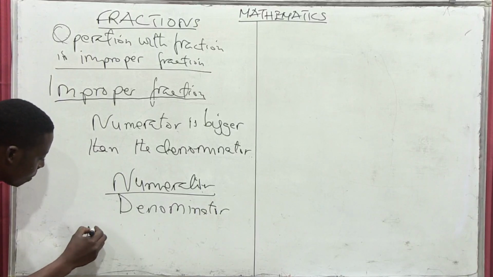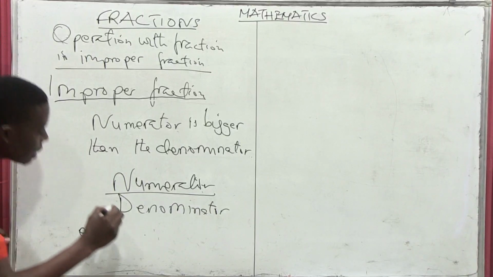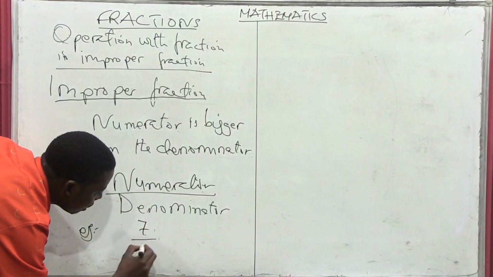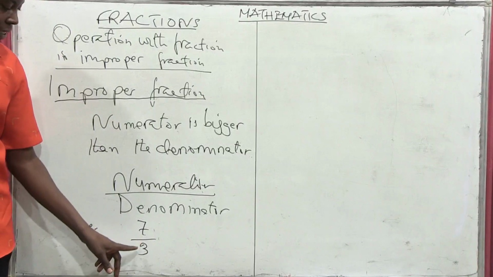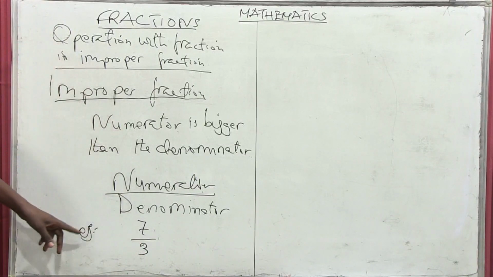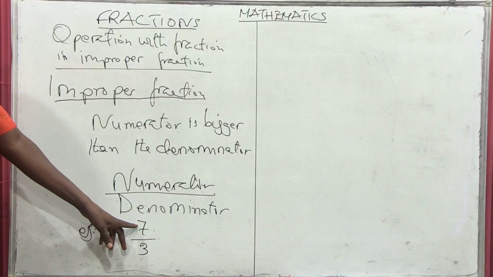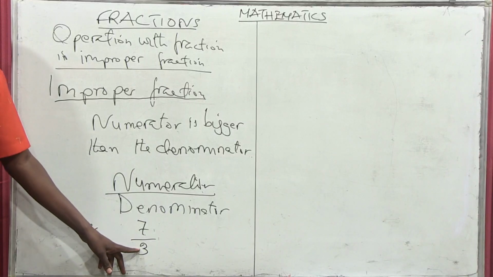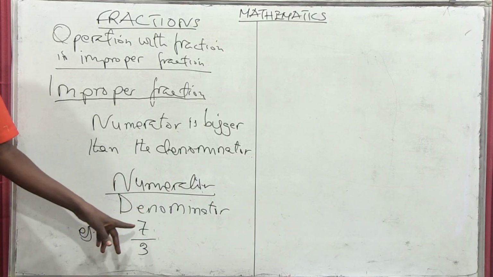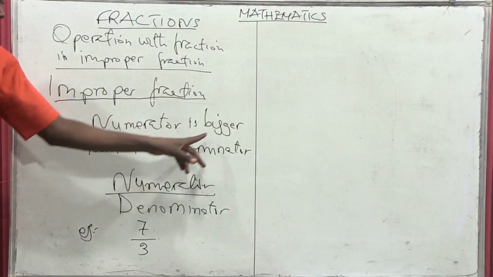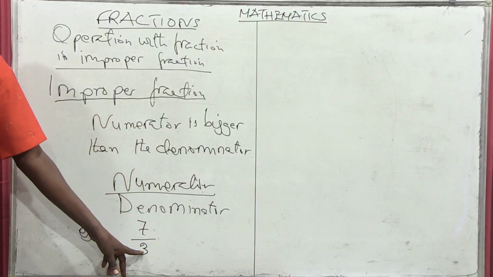An example of an improper fraction is 7 over 3. This means that 7 is greater than 3. 7 is the numerator, 3 is the denominator. 7 is bigger than the denominator, which is 3.